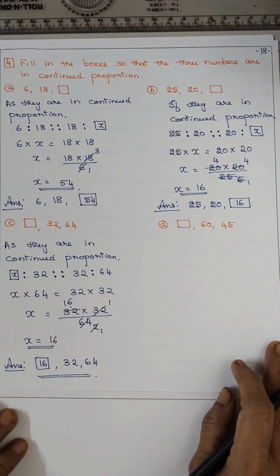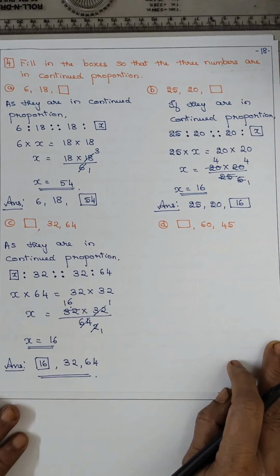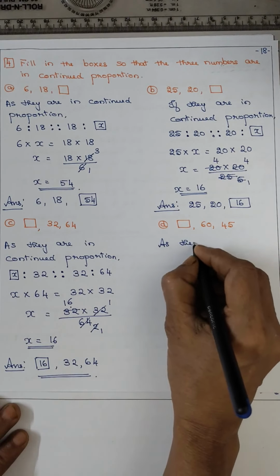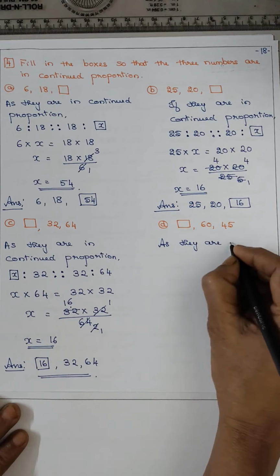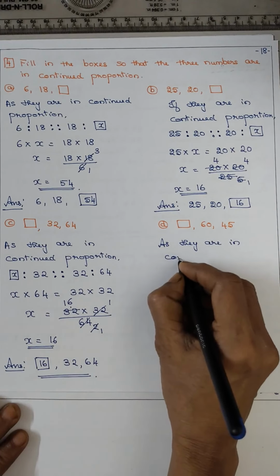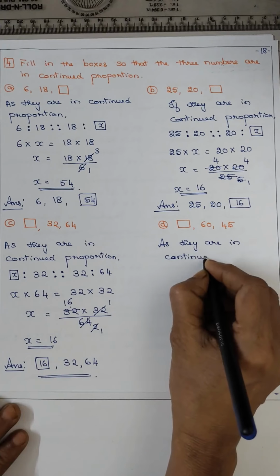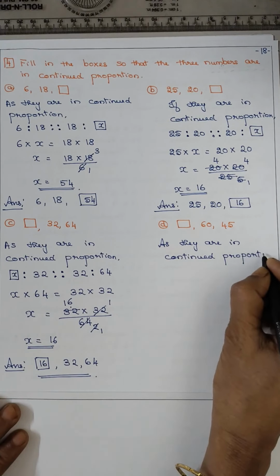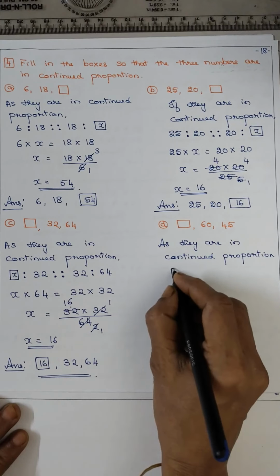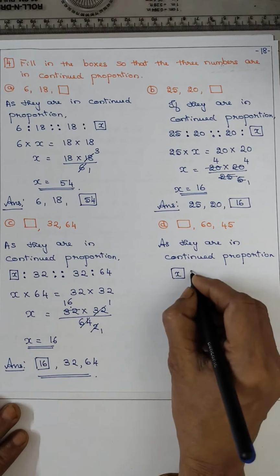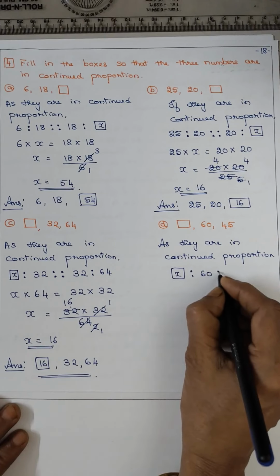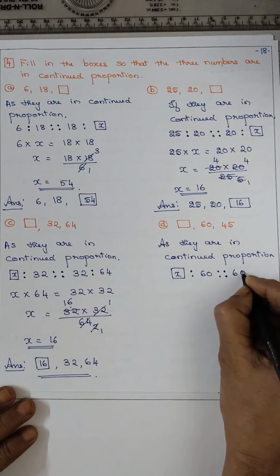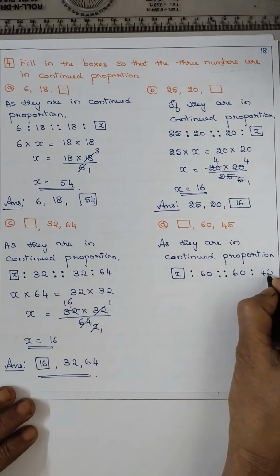Is it clear? Now coming to the last sum of this, as they are in continued proportion, how we have to write? First is box, that is x is to second number in proportion with second number repeated and then last number.